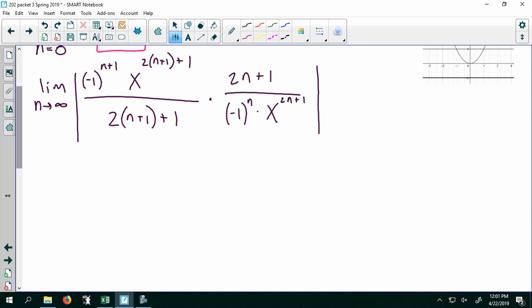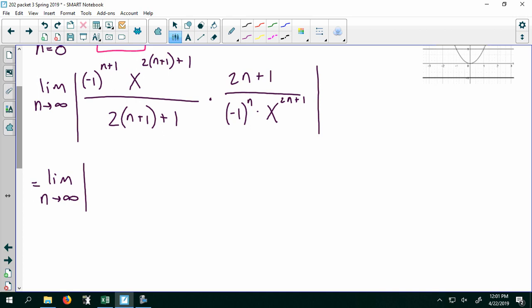So with the ratio test, the -1 terms don't matter at all because they're either going to be -1 or 1, and I'm taking everything in absolute value. So I'm just going to stop writing the -1s here. So this is the limit as n goes to infinity.